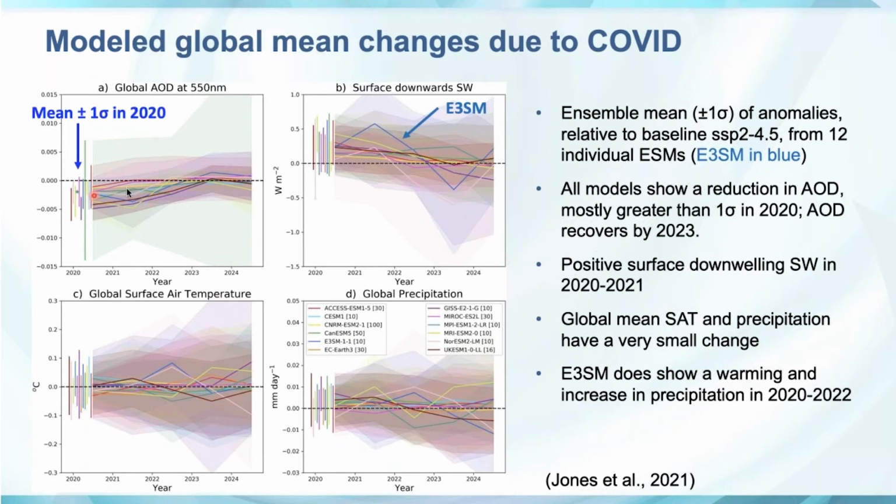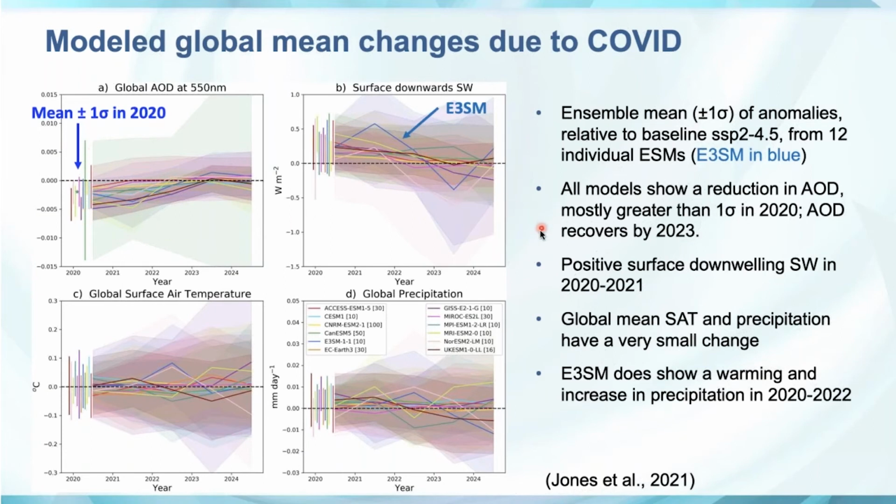The horizontal line shows the ensemble mean for individual models, and the shaded colors show 1 standard deviation. You also notice the vertical lines at the beginning show the mean plus minus 1 standard deviation in year 2020. It's for a better comparison between different models.